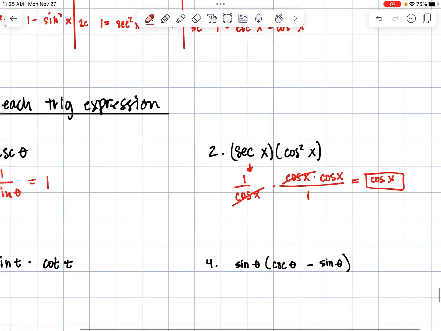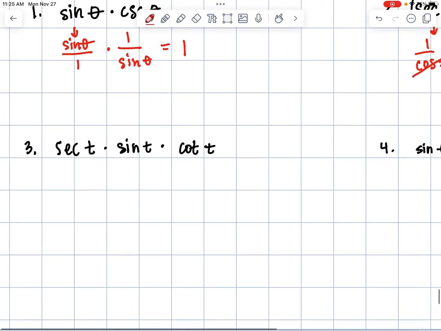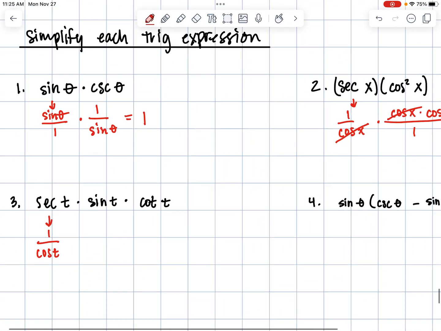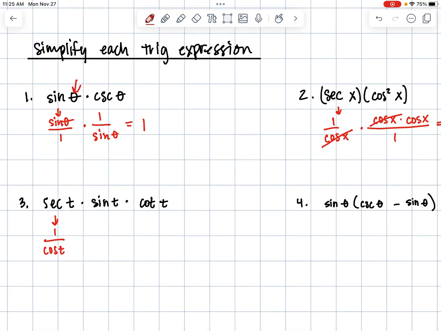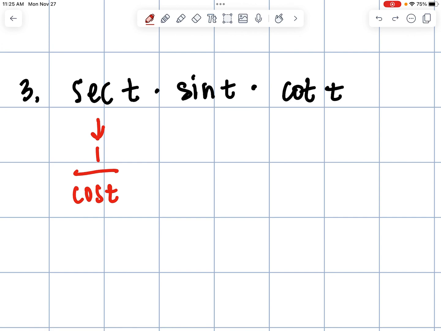Okay? Number 3, getting a little more complicated. Let's break this down. Secant is 1 over cosine of t. Remember, all these letters, whether it's a theta, or whether it's x, or whether it's t, it's just referring to an angle measure. So, secant t is 1 over cosine. Sine is just sine of t over 1. And then cotangent.